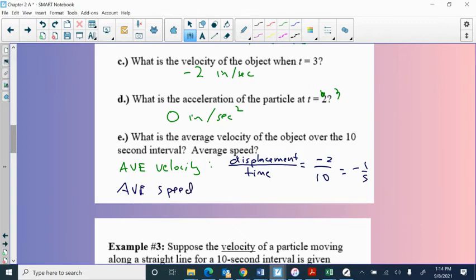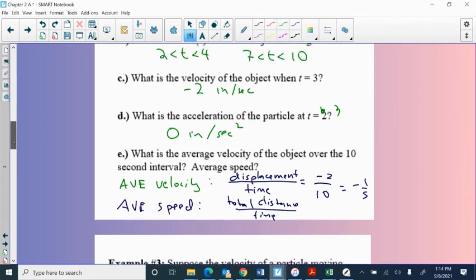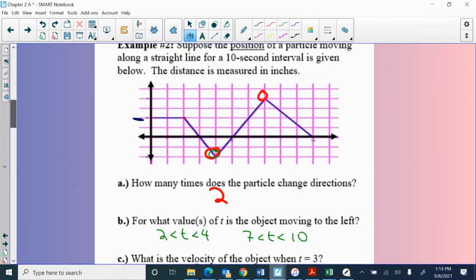Let's do our average speed. That's distance over time. So direction doesn't matter. That's exactly what Emma said. Emma, good thing you said that to get me on the right track. So we need to keep track of how far this is traveling. We start at position 2, and we go all the way down to position -2. So we traveled 4.